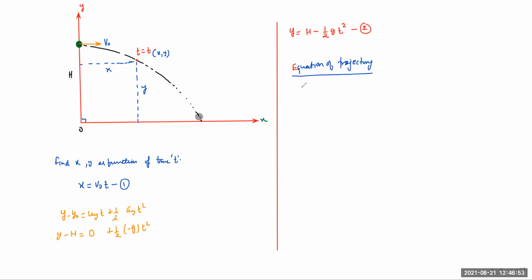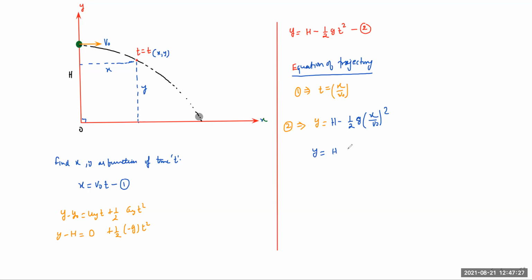So here x and y have a common variable t, and this t we need to eliminate. So one implies t we can write as x by v naught. And so what we do? So 2 implies y equals h minus half g t square, which is x by v naught whole square.